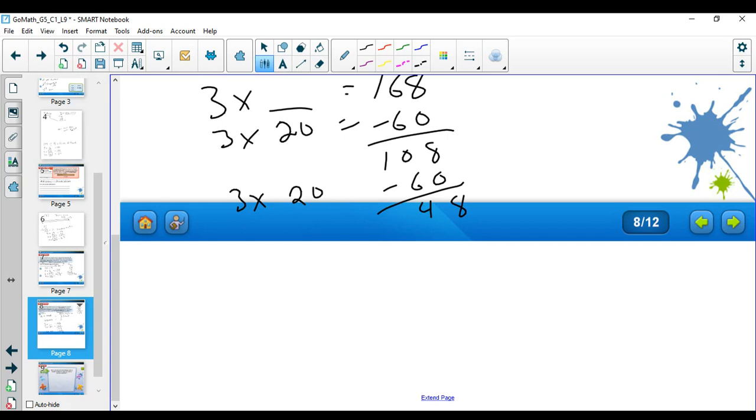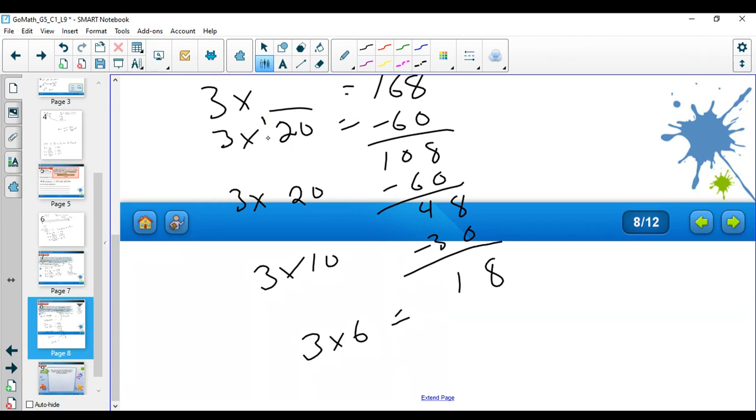Extend it down. So now 48 is less than 60. So I'm going to do 3 times 10, and that's 30, which leaves me with 18. And now I know that 3 times 6 equals 18. And so I've used up all of my sheets of plywood.